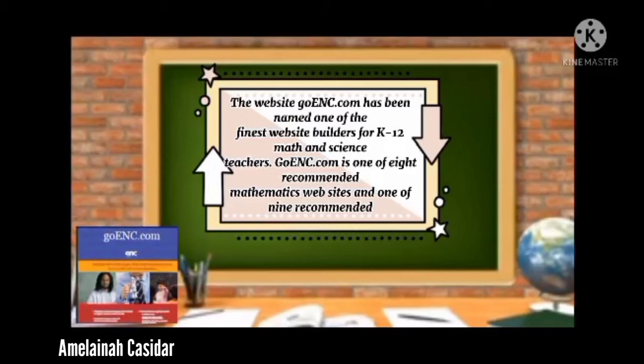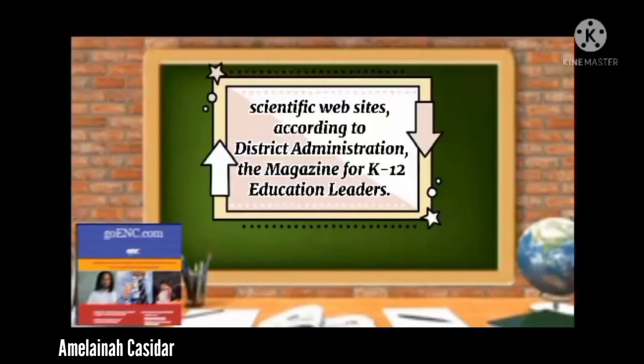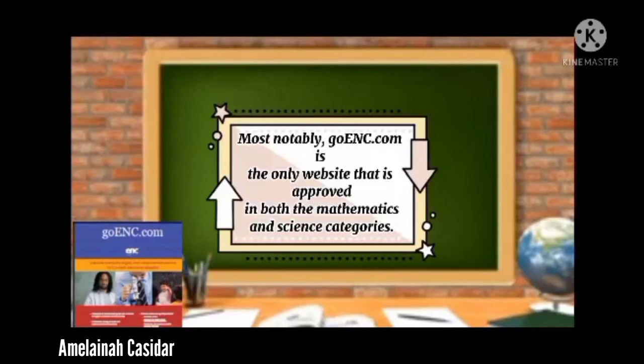Goens.com is one of 8 recommended mathematics websites and one of 9 recommended scientific websites, according to District Administration, the magazine for K-12 education leaders. Most notably, Goens.com is the only website that is approved in both mathematics and science categories.